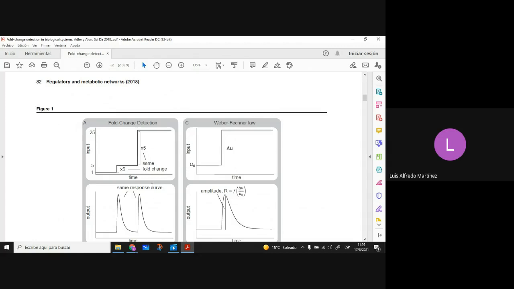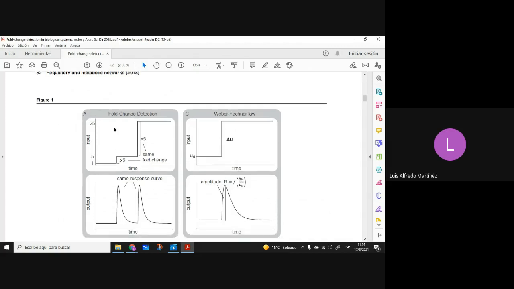This review focuses on a property that many sensory systems at different scales and across organisms share, fold change detection, FCD.